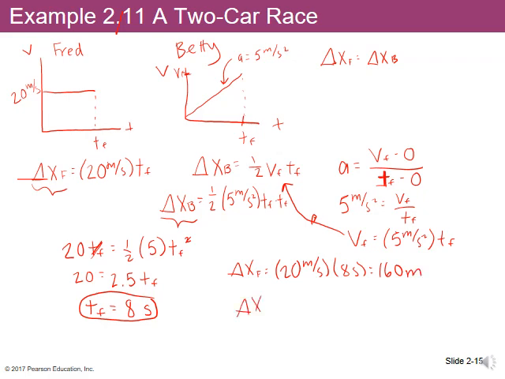Now, what was the displacement of Betty? 1/2 of 5 meters per second squared times 8 seconds squared.